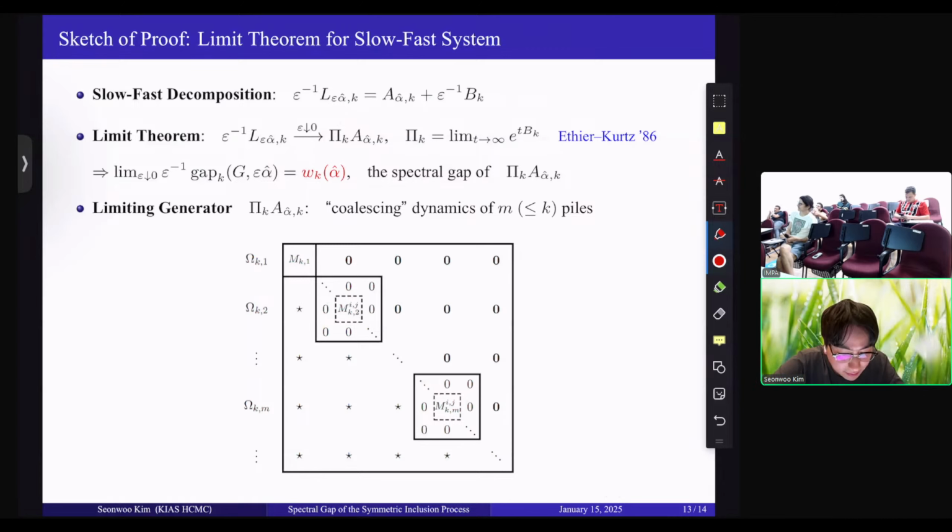So this dynamics, given by π_k A_k, is exactly some coalescing type dynamics of parallel particles. So this whole square is the transition rate function of the dynamics of π_k A_k, and this Ω_{k,m} is exactly the space of configurations with m piles.